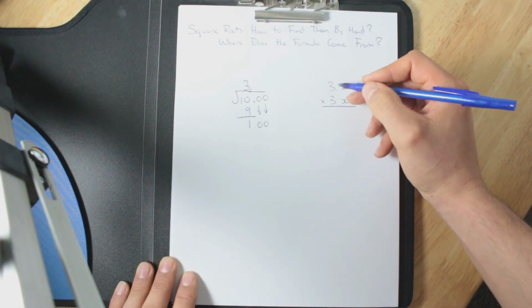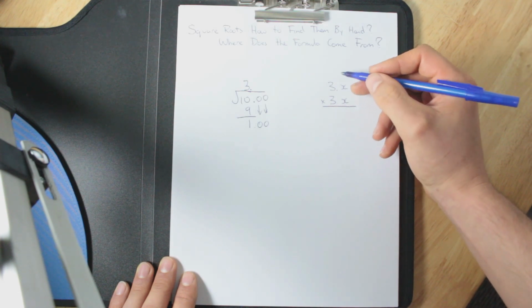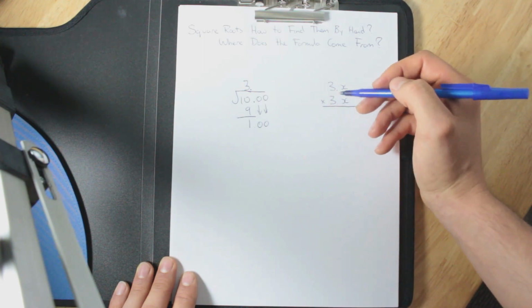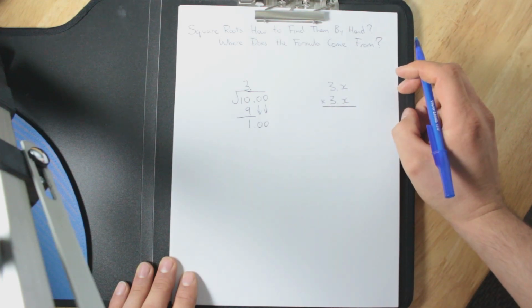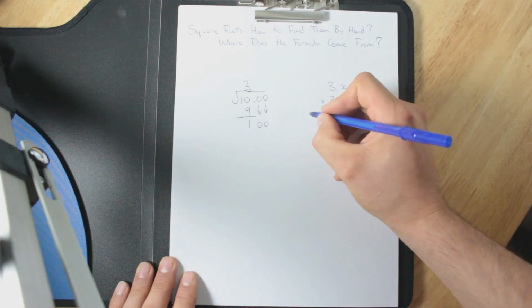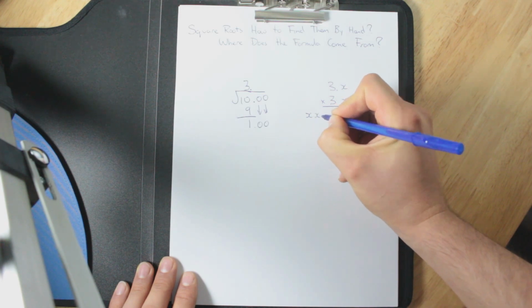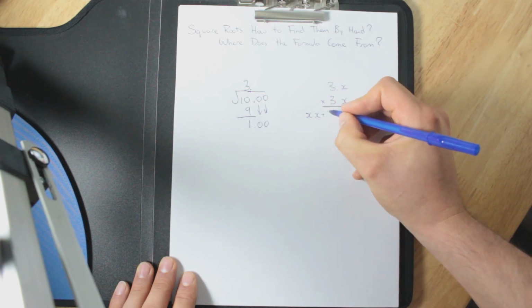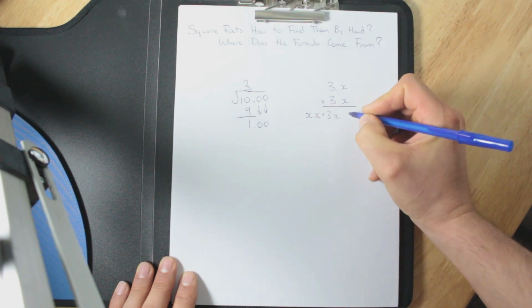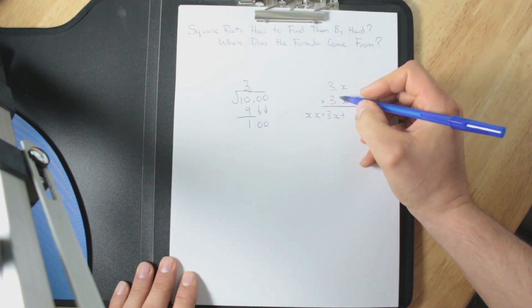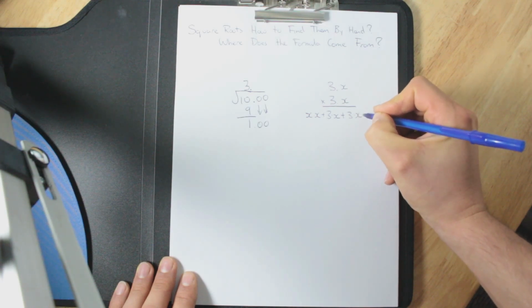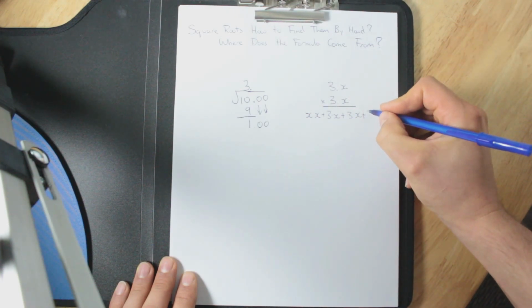I'm going to keep the x there, and I'm going to try and solve for x after the fact, and I'll show you how we do that. So I'm going to start with x times x. So that was this. Now I'm going to go 3 times x, just like you do in normal multiplication. Then I'm going to do 3 times x again, and then finally 3 times 3.